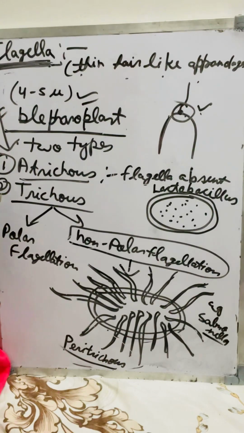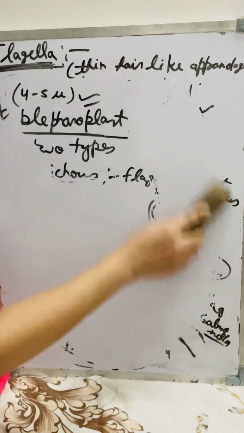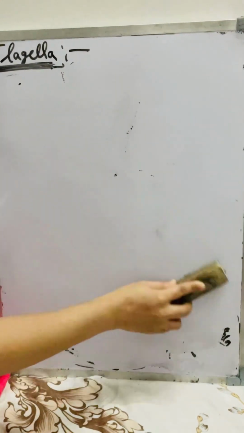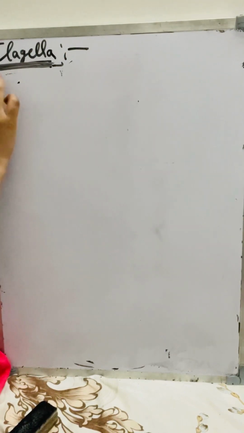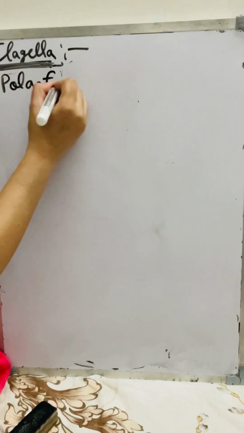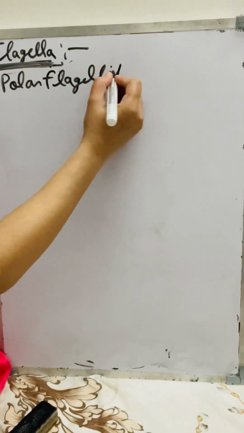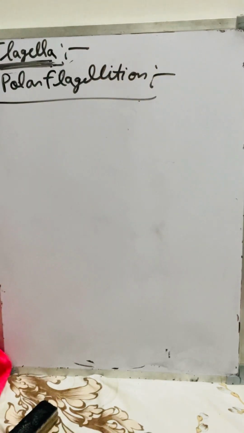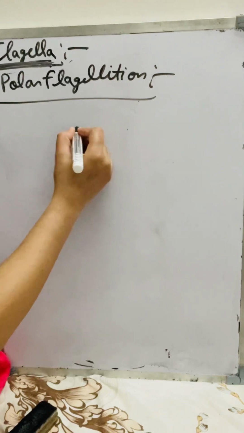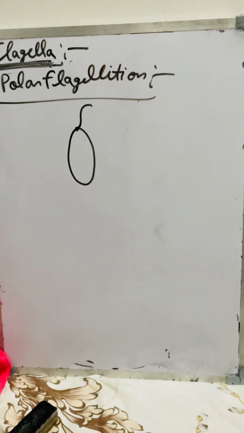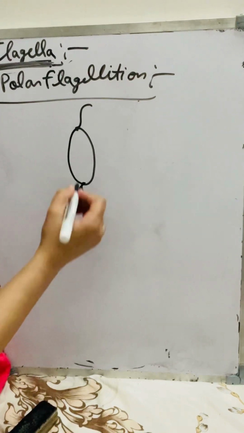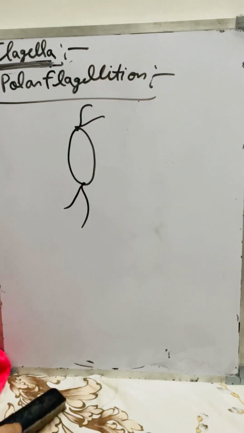The next is polar flagellation. In this kind of bacteria, the flagellum in a bacterial cell is present on one side, or both sides, or two or more than two, and that is called polar flagellation.